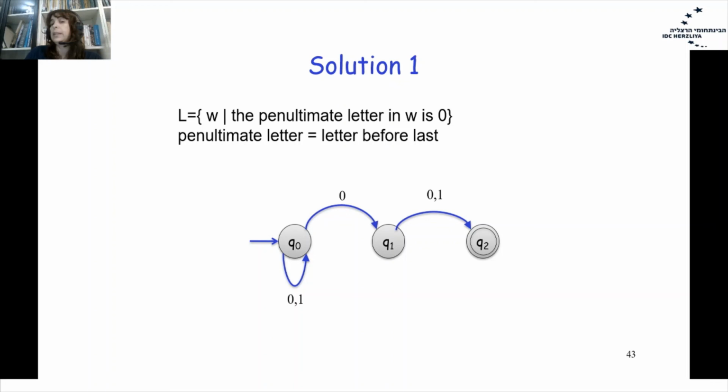In Q0, for all the prefixes before the 2 last letters, I am staying in the self loop. So in Q0, I stay for 0 and 1. I claim that the automaton that I built actually accepts the language of all words where the penultimate letter in W is 0, or having the letter before last 0.